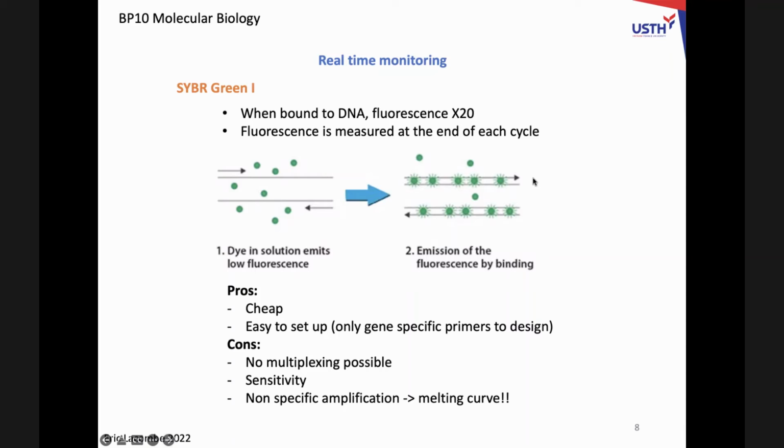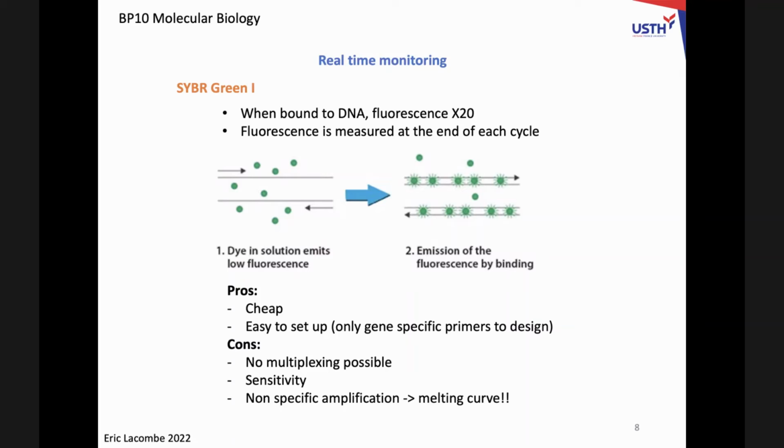So it's directly proportional to the quantity of DNA. And it's the way to monitor real-time the PCR product accumulation. Do you understand the concept? So the measurement is done at the end of every cycle. You've got a value of fluorescence, and then you plot it. This is what gives you the curves that we saw just before.